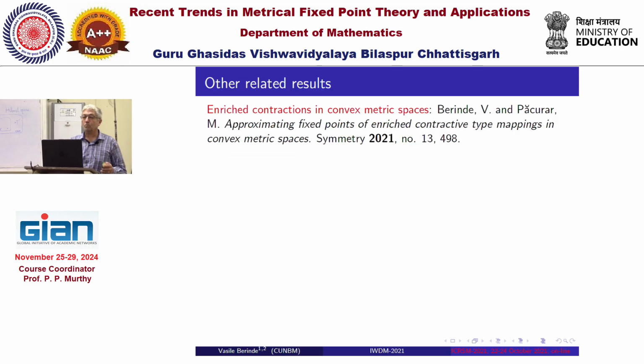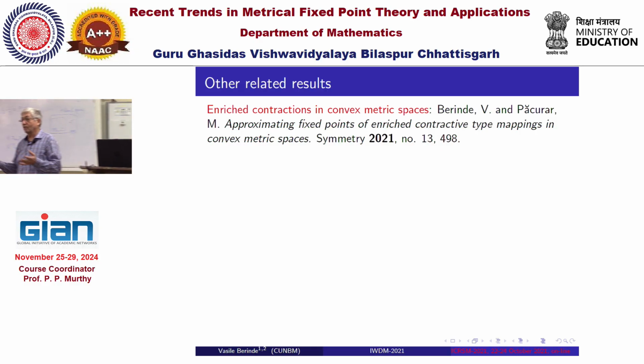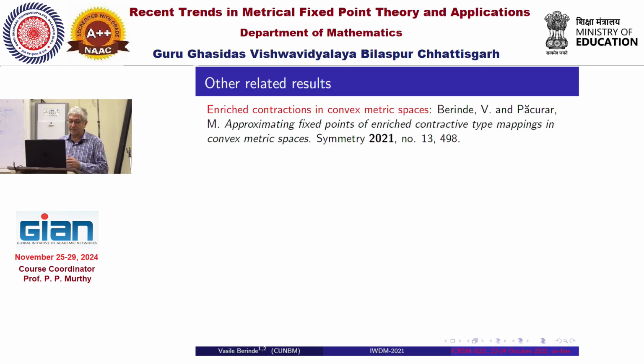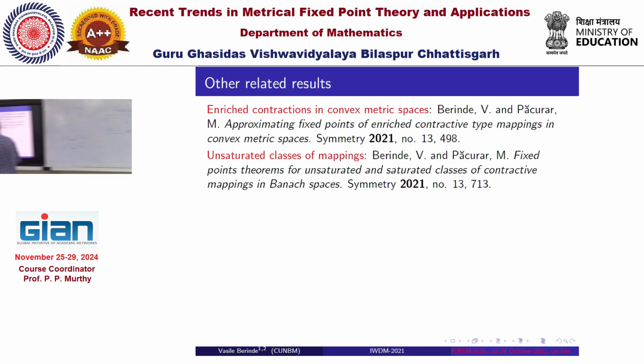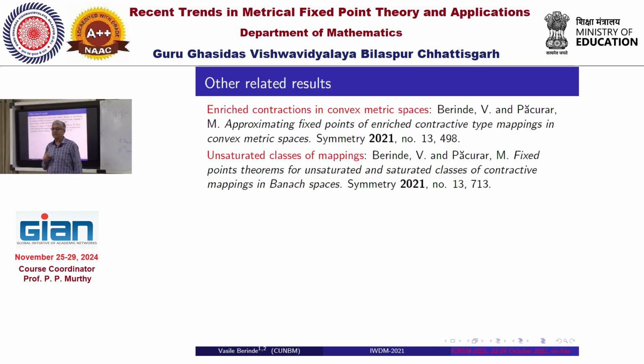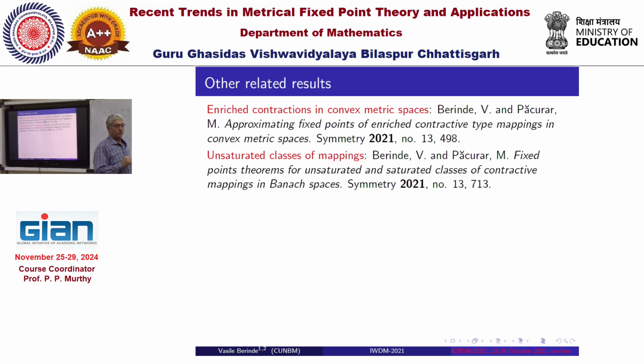What else? In convex metric spaces, we know convexity is a structure. I use convexity in the sense of Takahashi, and we produced this class of enriched contractive mappings in convex metric spaces. I mentioned at the opening ceremony saturated and unsaturated classes of mappings.